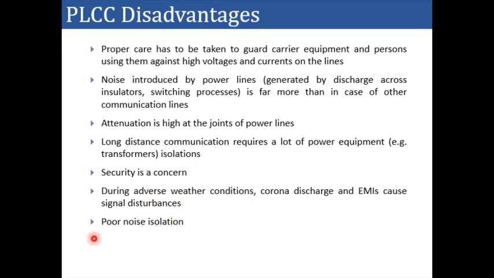Because of that also we have the poor noise isolation as well. So we have these disadvantages which are more severe than the advantages which we have from PLCC. Because of that, the data which we send from substation to substation is not disturbance free.